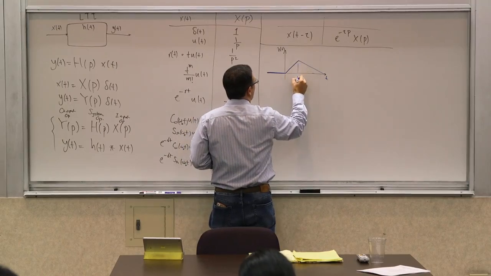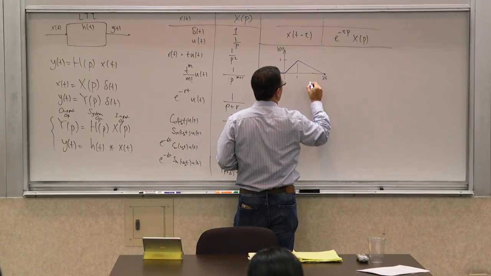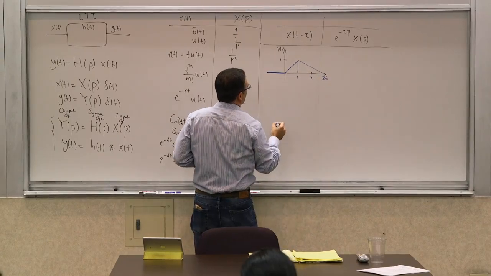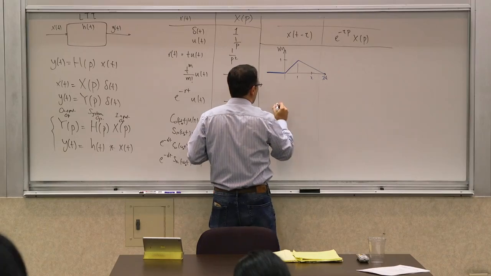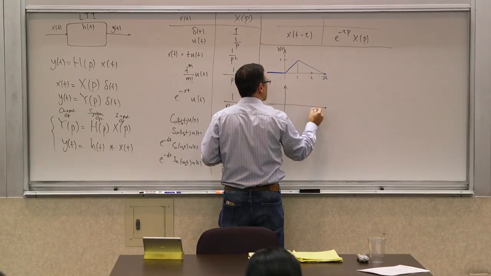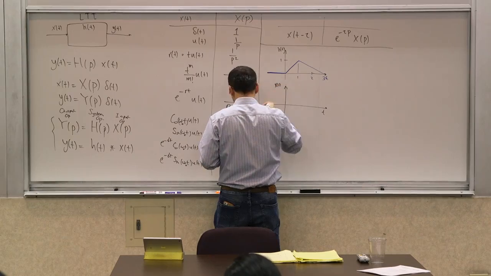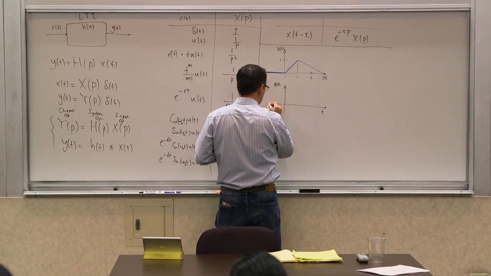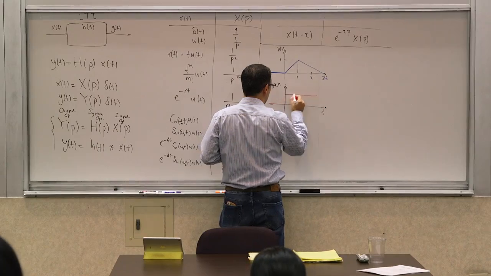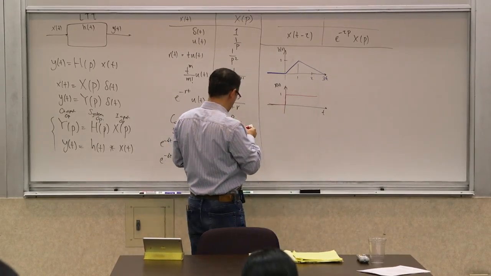This is 1, 1. Let's say, I don't know, this is like 3. So this is your impulse response, and this is, let's say, your input, x of t. Let's make something up. Let's say it's u of t. Make things simple. So x of t is u of t.